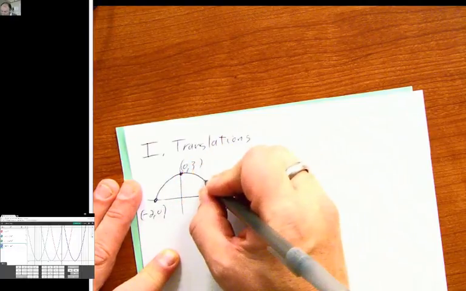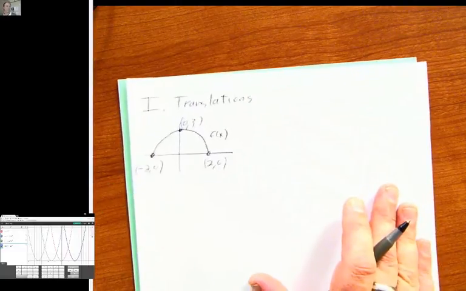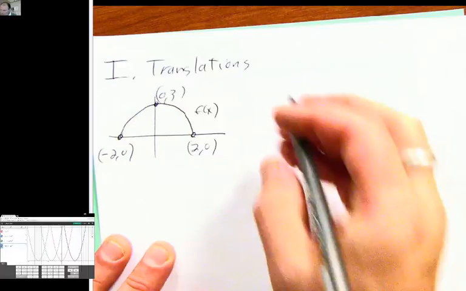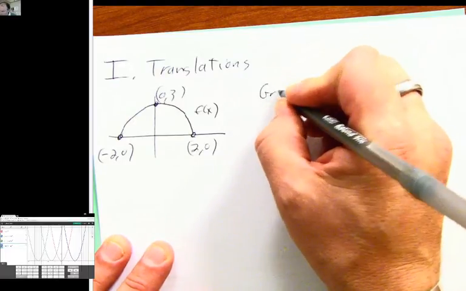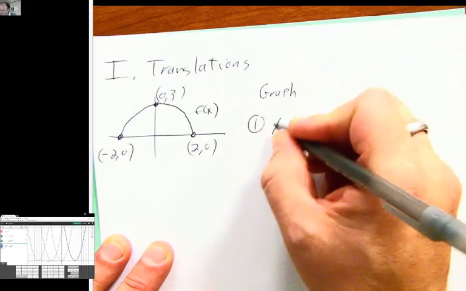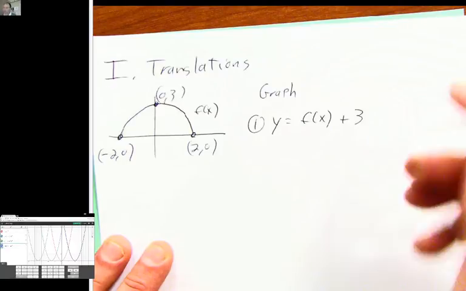And they have this graph being labeled as f of x. The instructions are to graph, number 1, y equals f of x plus 3.